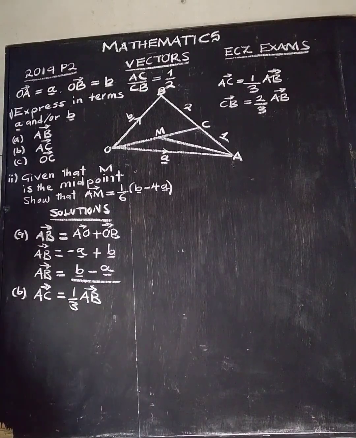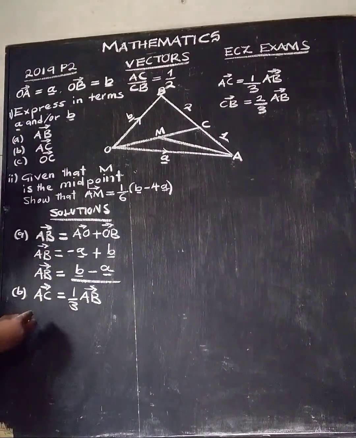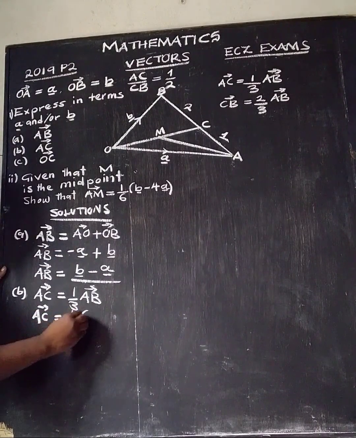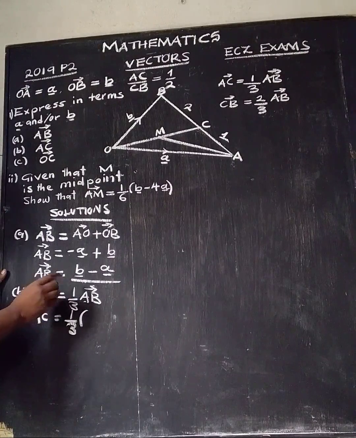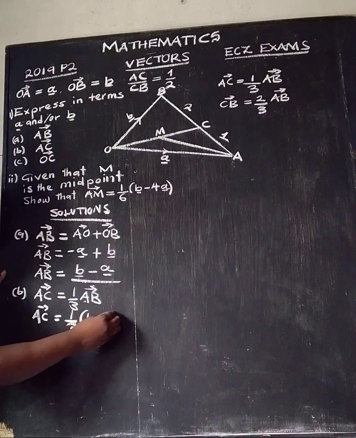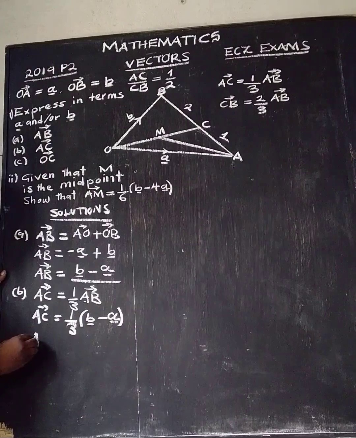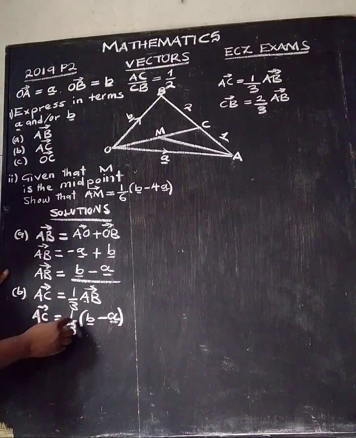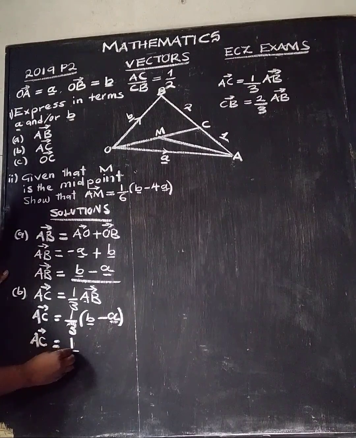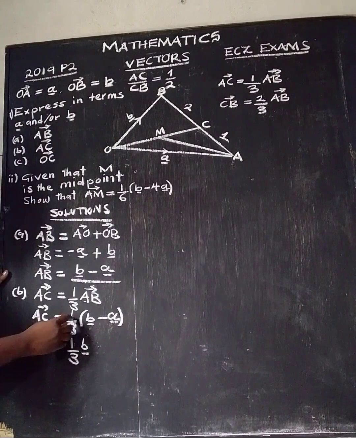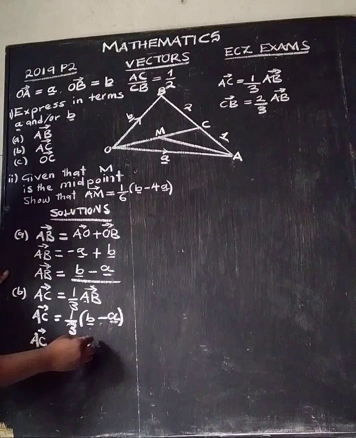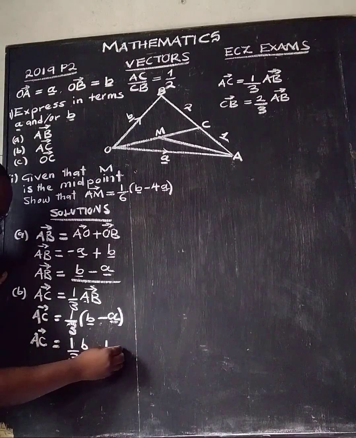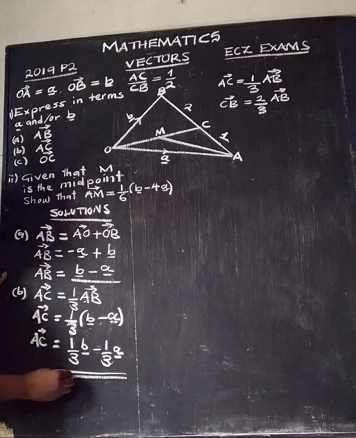So AC is equal to 1/3 of AB, and our AB has been found to be vector B minus vector A. We can now distribute by multiplying: 1/3 times vector B gives 1/3 vector B, and 1/3 times negative vector A gives negative 1/3 vector A. So this is our answer.